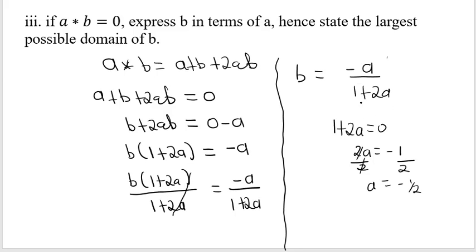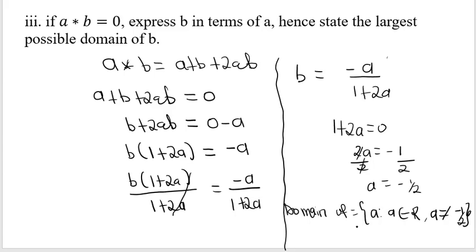And when the denominator is equal to 0, B will be undefined. So our domain of B will be A such that A belongs to all real numbers, that A should not be equal to -1/2.